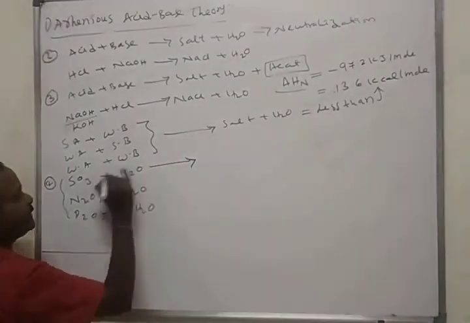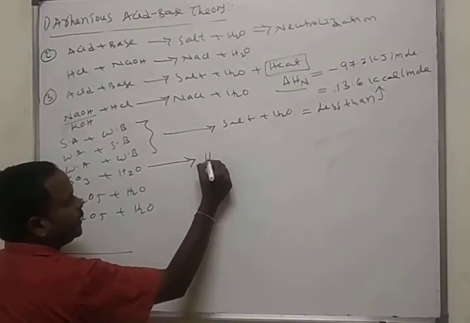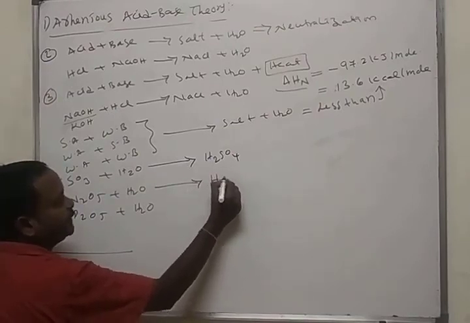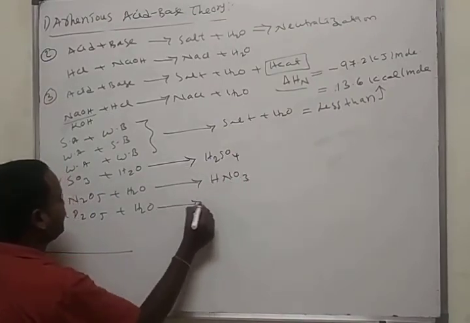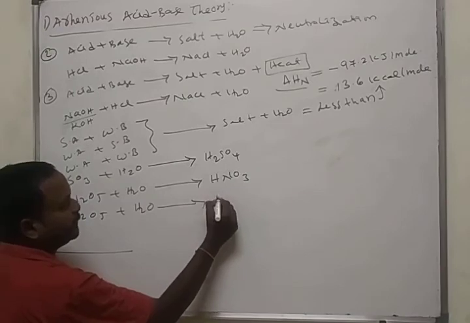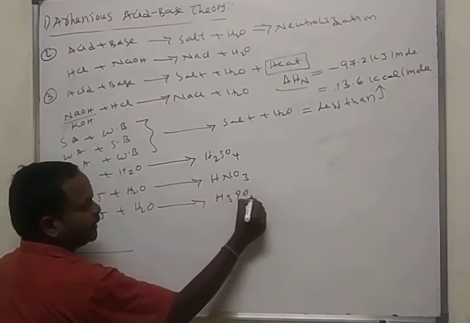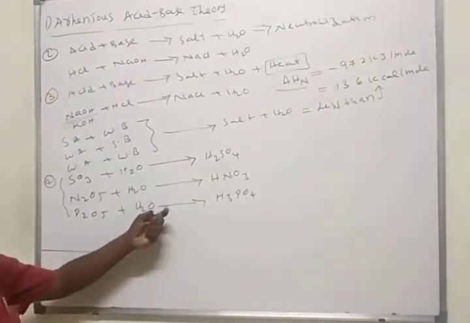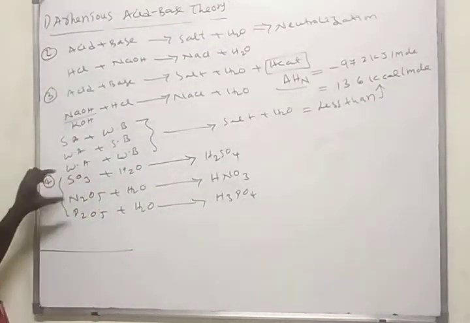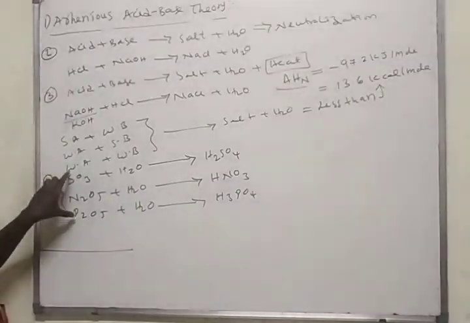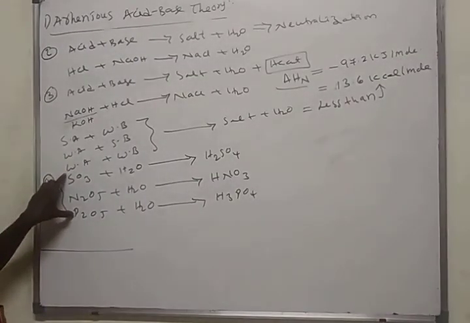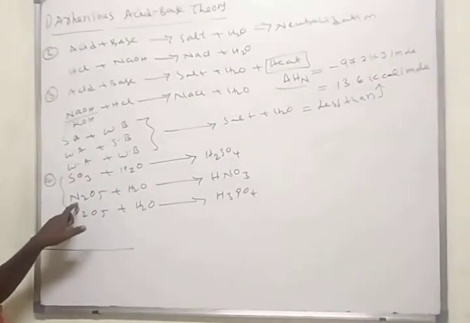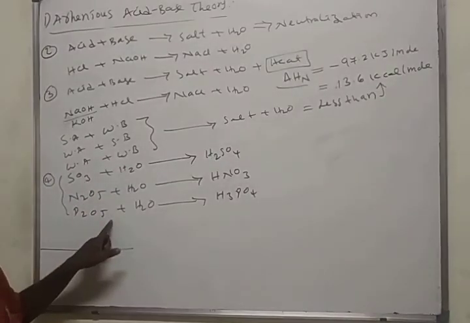Sulfur trioxide dissolved in water forms sulfuric acid, nitrogen pentoxide forms nitric acid, and phosphorus pentoxide forms phosphoric acid.